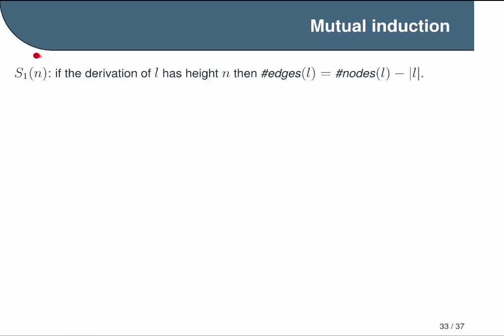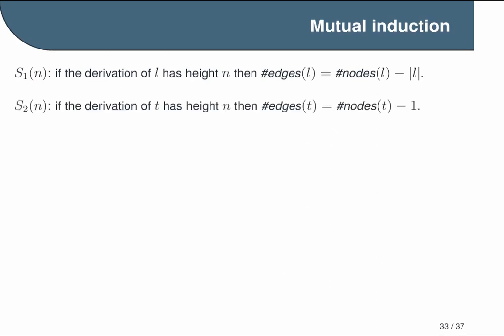So we have S sub 1 of n now, which is: if the derivation of L has height n, then the number of edges in L is equal to the number of nodes minus the length of L. And as usual, all we've done here is add a height n into this statement without really changing the meaning, because as always we know that every element derived in our post system has to have a height of some n. We do the same thing for S sub 2 of n, right? If the derivation of t has height n, then the number of edges in t is equal to the number of nodes in t minus 1.